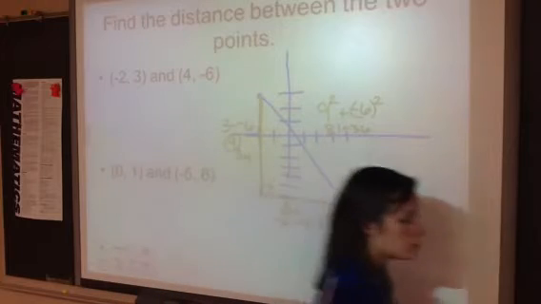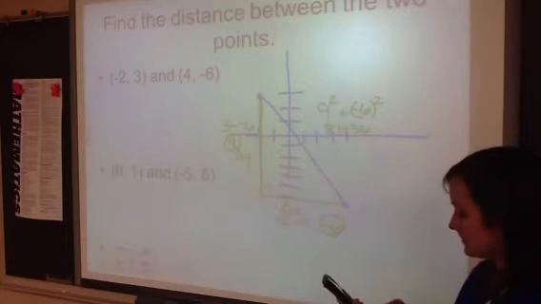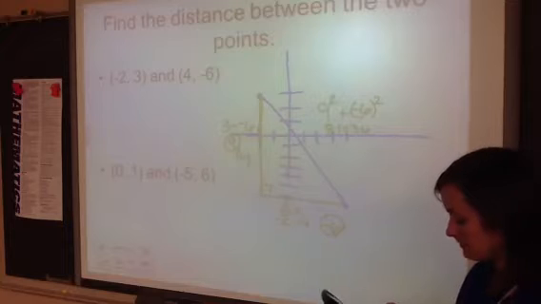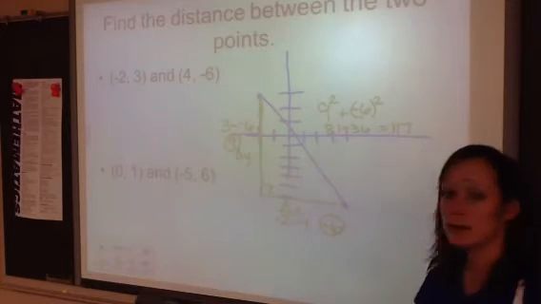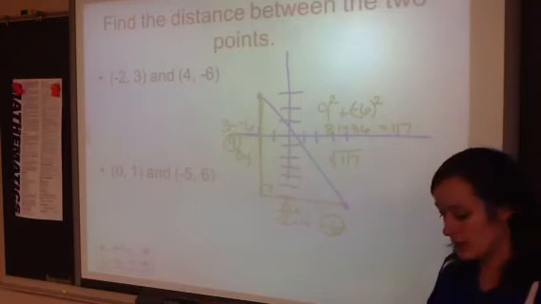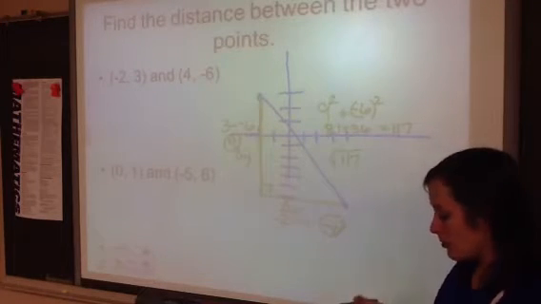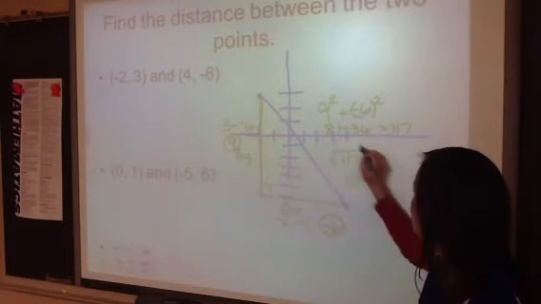We add those two values together, and we get 117. And for Pythagorean theorem, we take the square root. So our distance is the square root of 117, which is around 10.82 units.